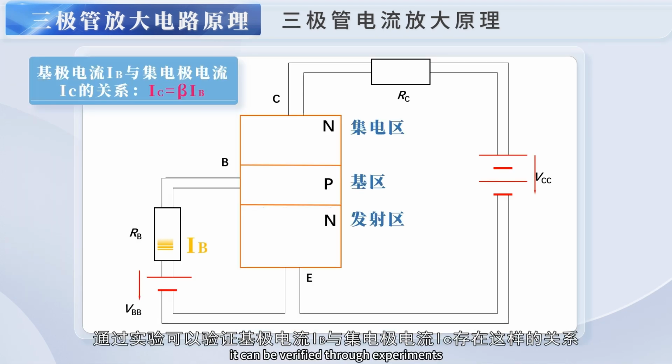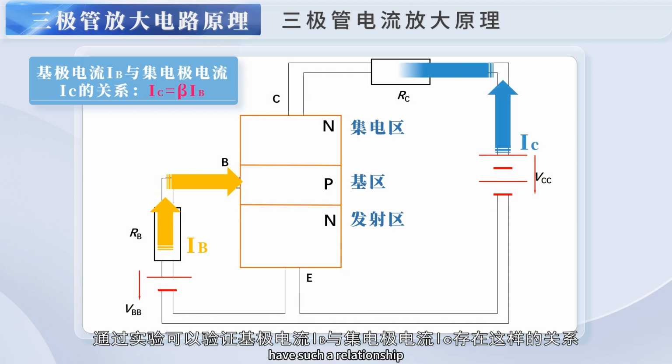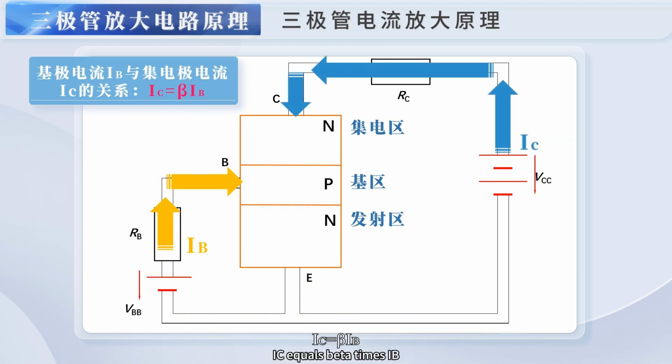It can be verified through experiments. The base current IB and the collector current IC have such a relationship: IC equals beta times IB, where beta is the amplification coefficient of the triode, which is also an important parameter of the triode.